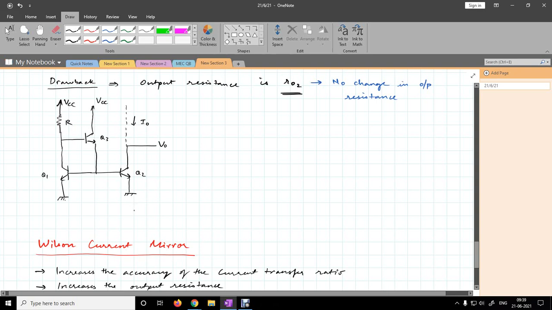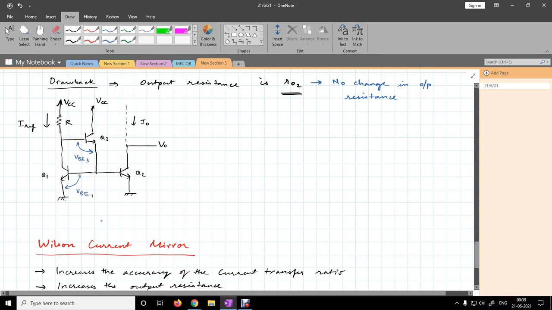Right. So if I have a resistor there, and the current flowing through that is I reference, if I use KVL, it comes like this. This is VBE3, this is VBE1.